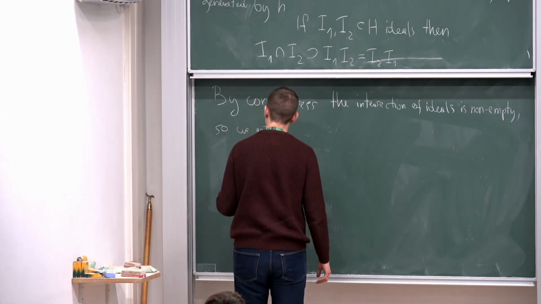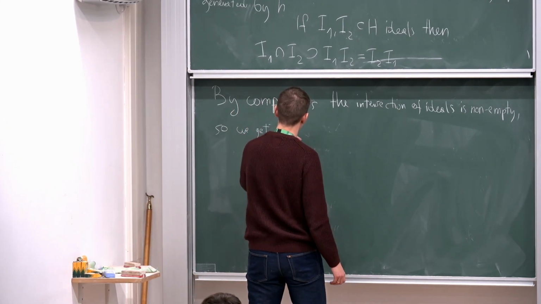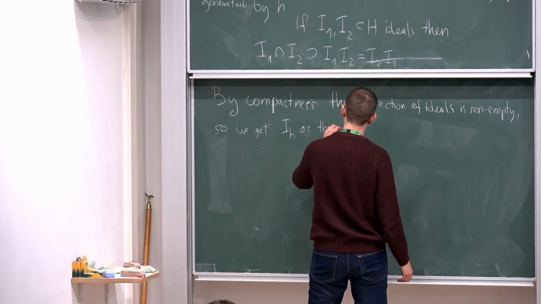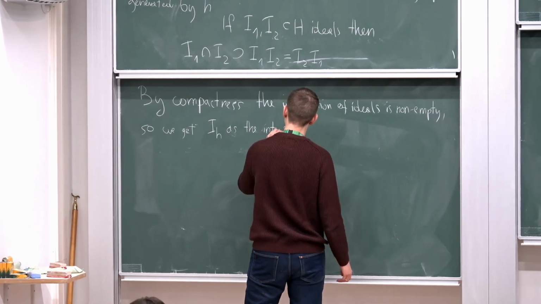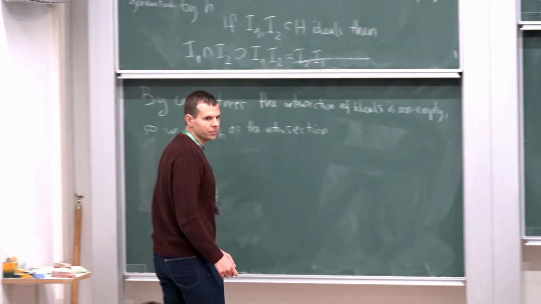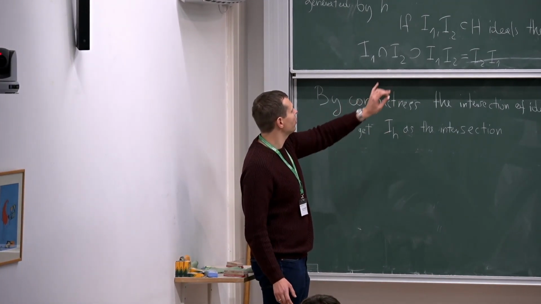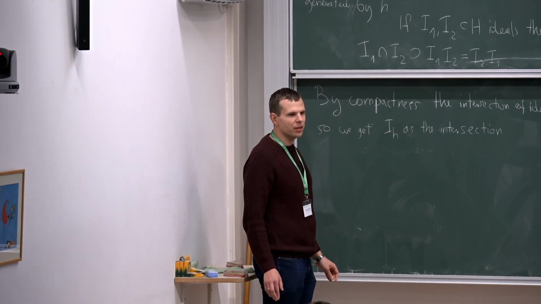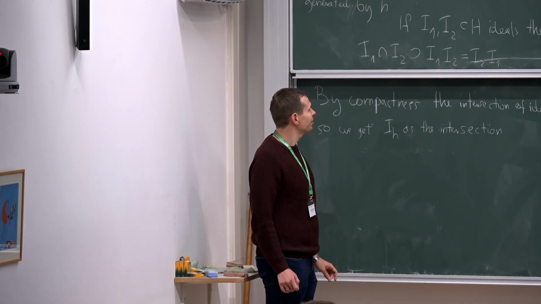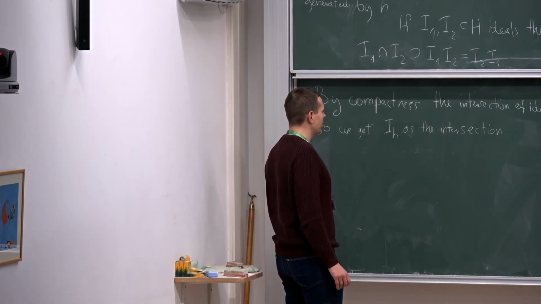So we get this, the thing we call IH, as the intersection. Ideals to be closed. Yeah, we do everything closed. Sorry, and non-empty, yes. So non-empty closed ideals, yes.